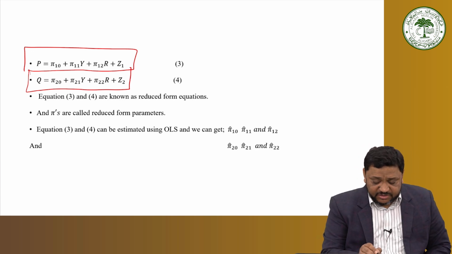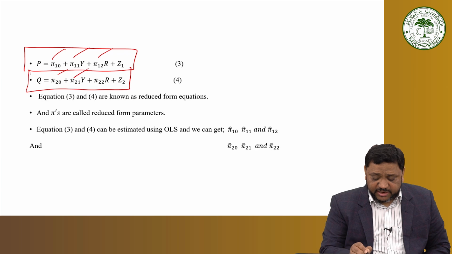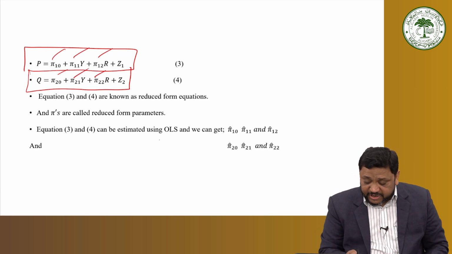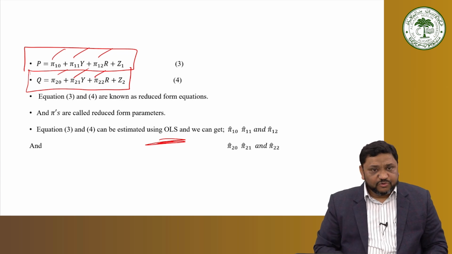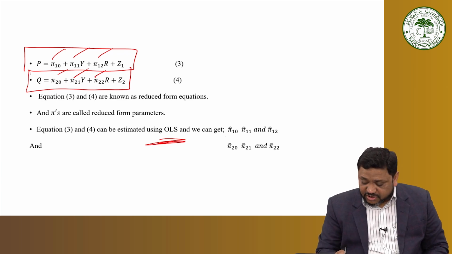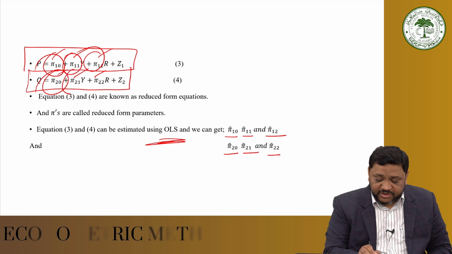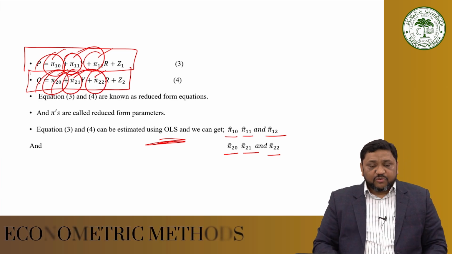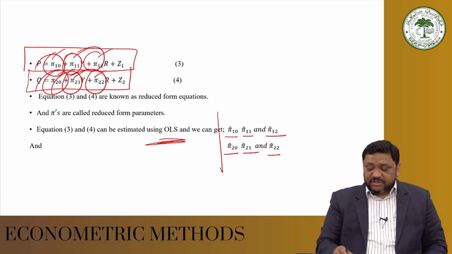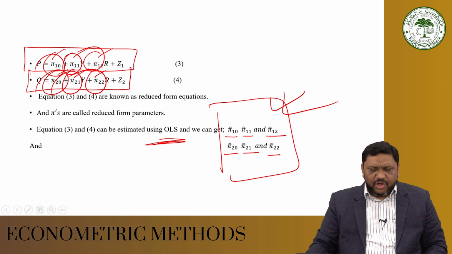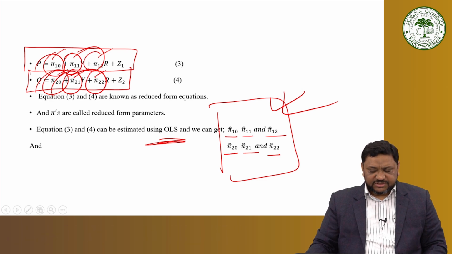These pi's are called the reduced form parameters, and now we can use OLS and find the values of pi 10, pi 11, pi 12, pi 20, pi 21, and pi 22. So OLS can be applied to get the values of pi and estimate the equation as a whole. Hope this method of estimation is clear.